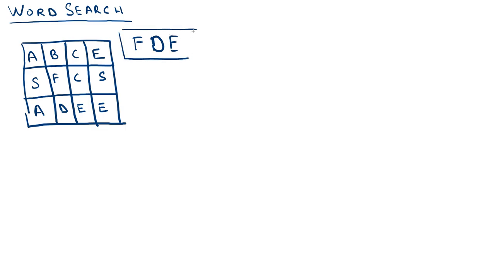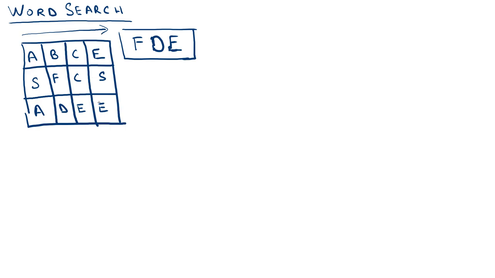Let's try to see if we can create a plan for looking up this word FDE within the grid. We will start our process by iterating the cells in this grid in the direction from left to right. So first we will look at A, then we will look at B, C, E, S, F, C, S, and so on.